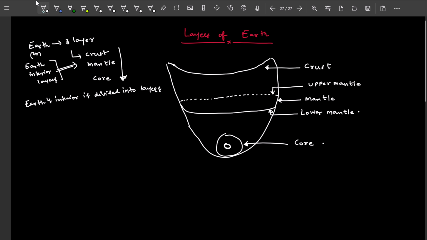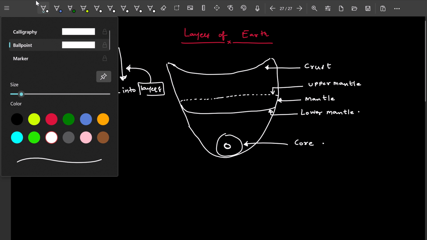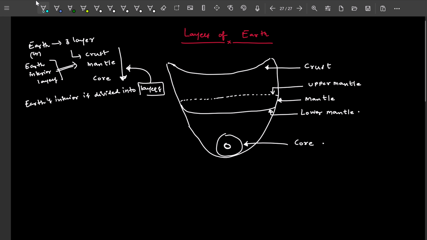In the crust, the first and top layer, the more abundant elements are silicon and aluminum. This is called the Sial.